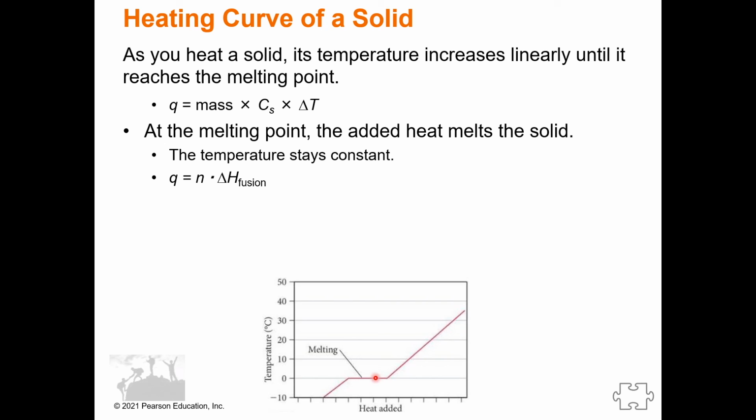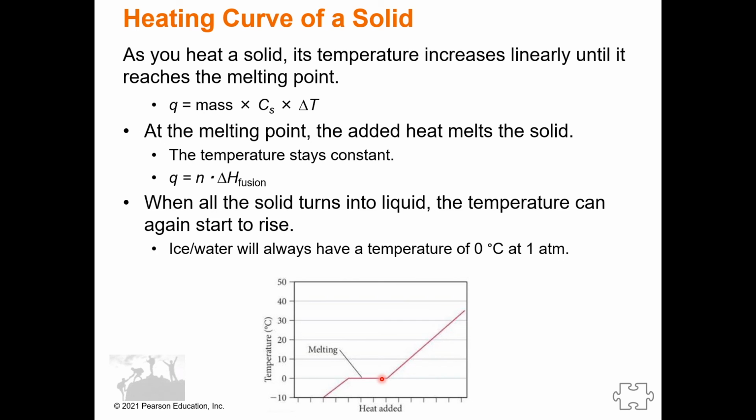When you see a line that has a 0 slope, you're looking at a phase change. Now what happens when all the solid turns into the liquid? Now the liquid will have a change in temperature again. So this is where you would use Q equals MCΔT.